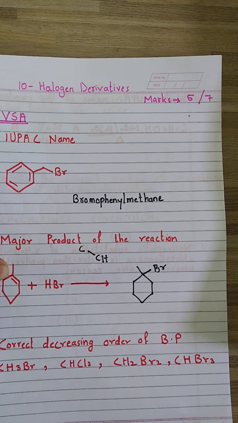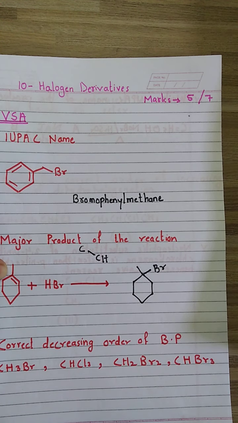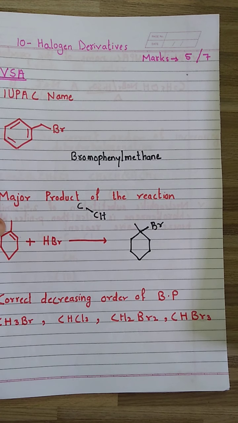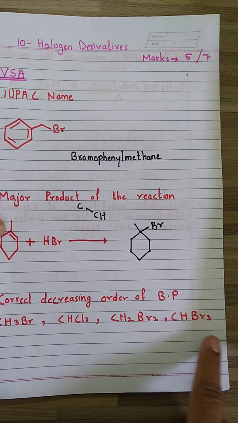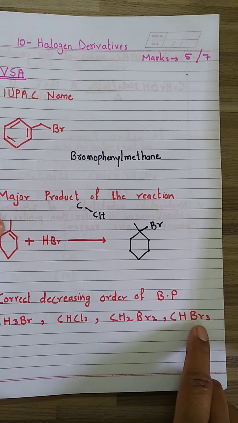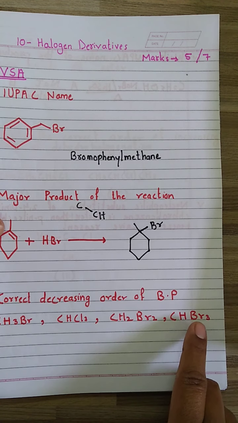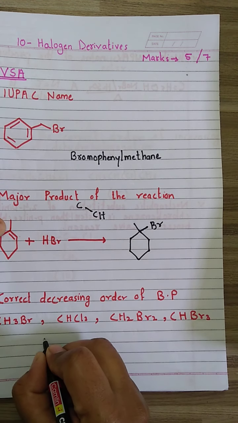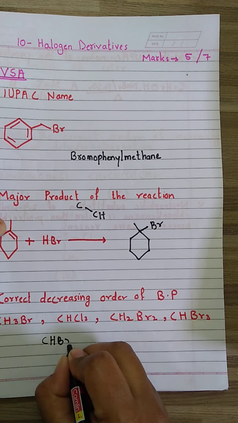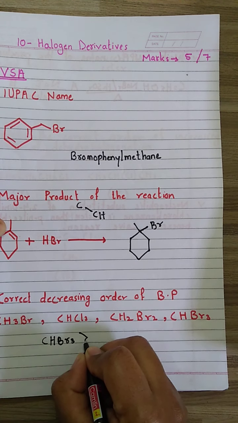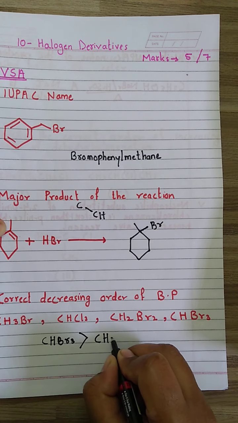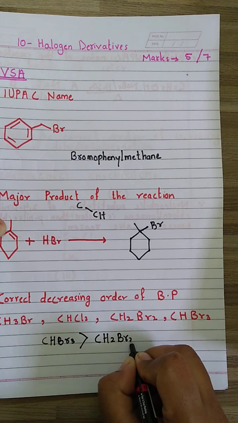We have to write the decreasing order. So we will first write the alkyl halide with the biggest size, which will show the highest boiling point. Here CHBr3, that is bromoform, contains 3 bromines. Obviously it is going to have the biggest size and therefore its boiling point would be highest. So it will be CHBr3, then after that CH2Br2.